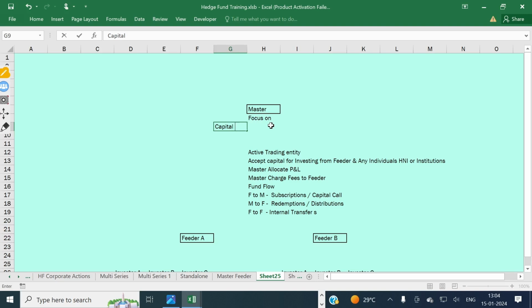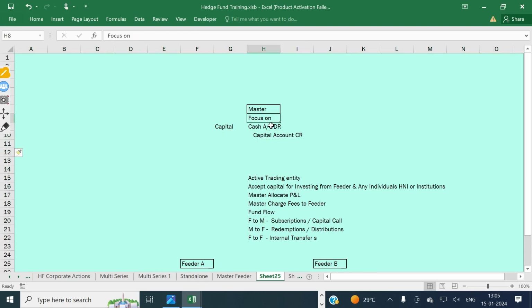The master treats it as capital, and we record the accounting entry as cash account debit, capital account credit. There is no change in the accounting entry when you receive investments, which is a subscription from a feeder. Same for redemption as well.